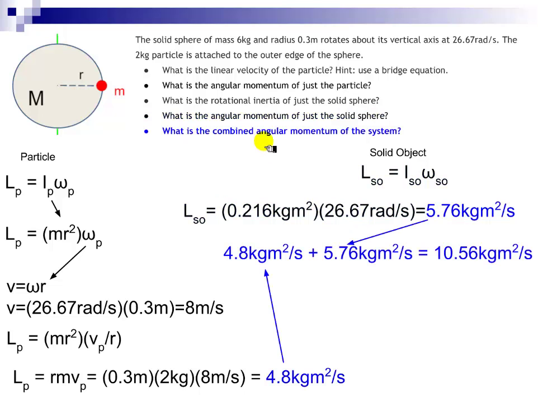To find the combined angular momentum of the system, all we do is add the angular momentum of the solid sphere to the angular momentum of the particle, and we get a total of 10.56 kilogram meters squared per second. So that's how we go about finding the angular momentum of a particle, the angular momentum of a solid object, and how we find their combined angular momenta.